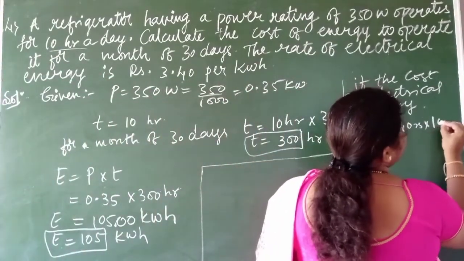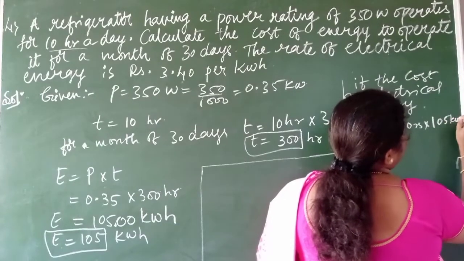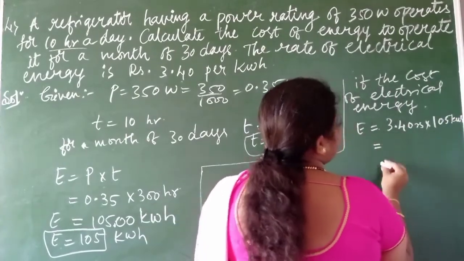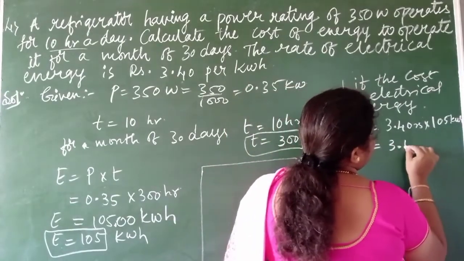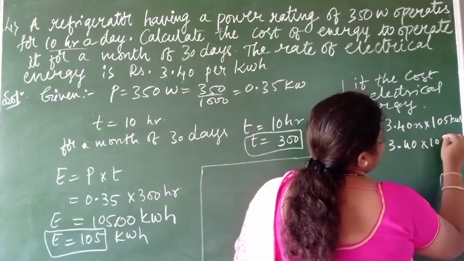That is 105 kWh. So which is nothing but 3.40 into 105.